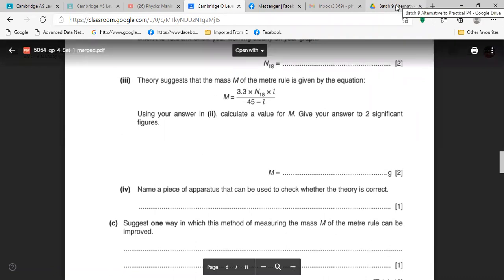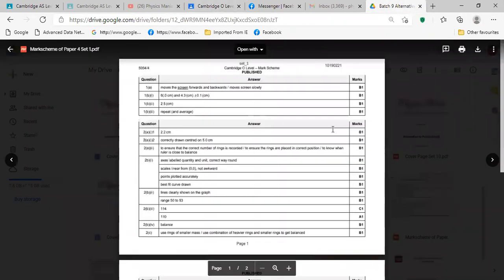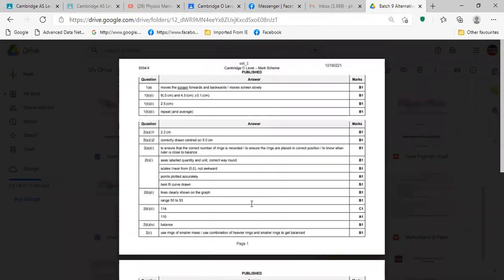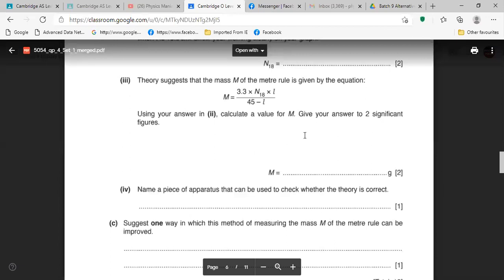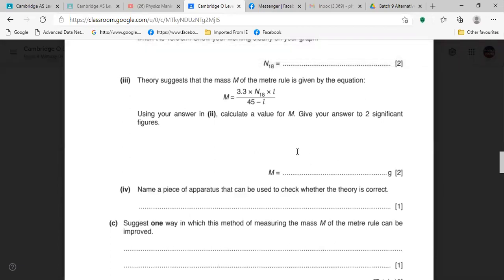Okay, two significant figures. So the answer here is 114, then 110 in two significant figures. And whatever you got in your reading, you write that one. You got 116 point something, right? Then you write 116.